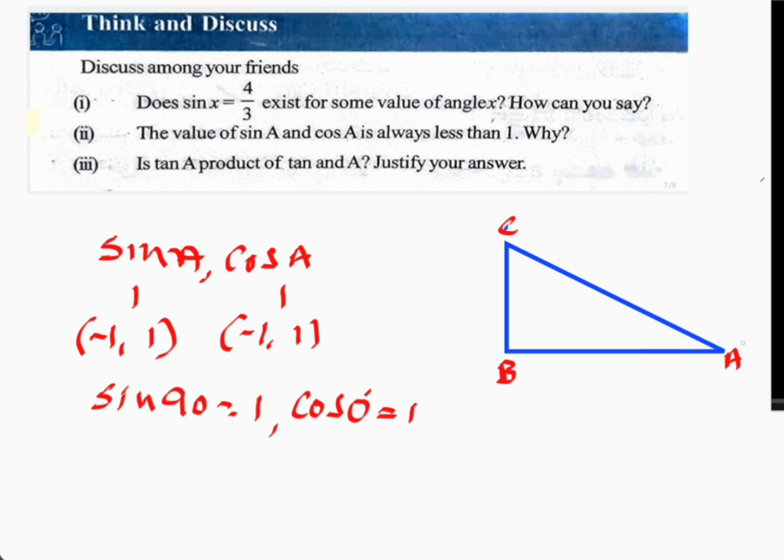AC is equal to BC at 90 degrees. So AC is always greater than or equal to these two sides, but never less than AB or BC. So the statement that the value of sin A and cos A is always less than 1 is wrong.